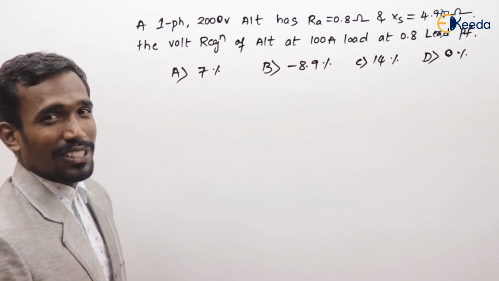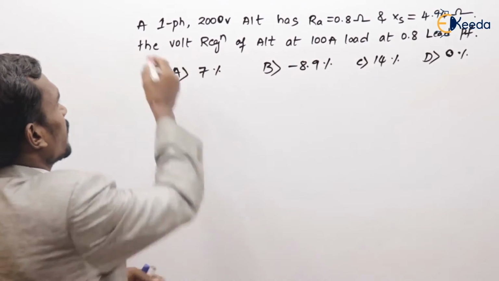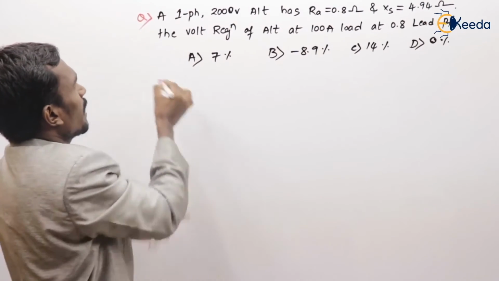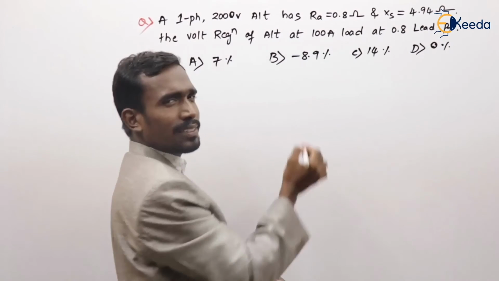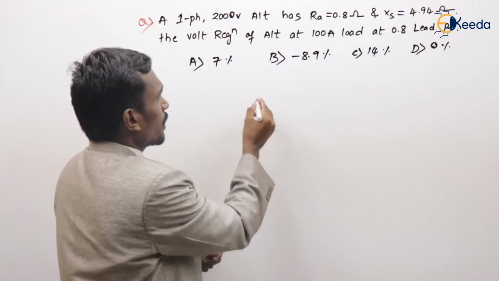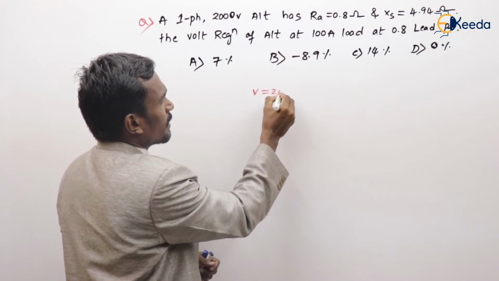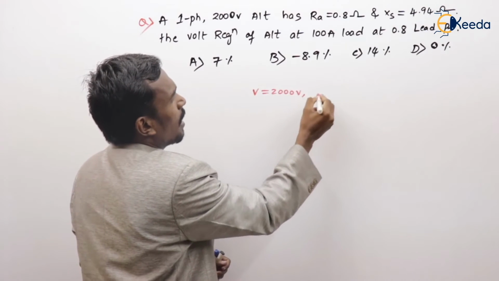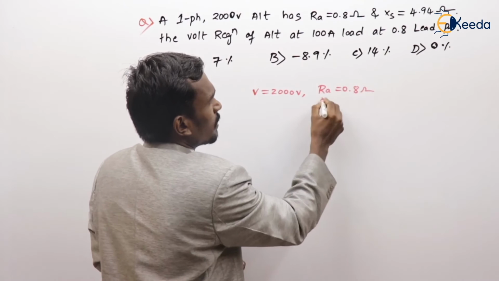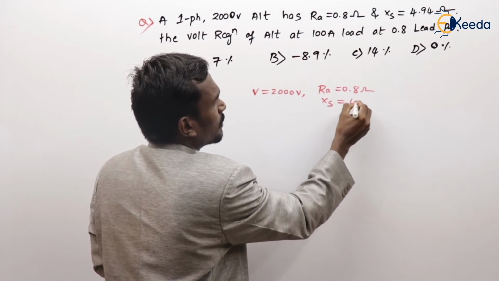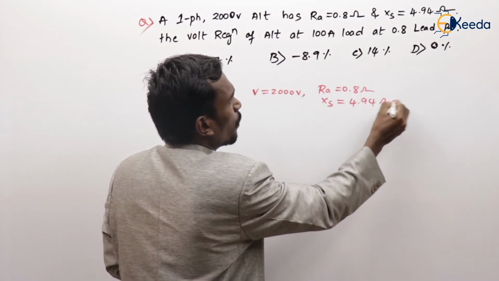Right, next question. A single phase 2000 volts alternator has armature resistance 0.8 ohms and synchronous reactance 4.94 ohms.